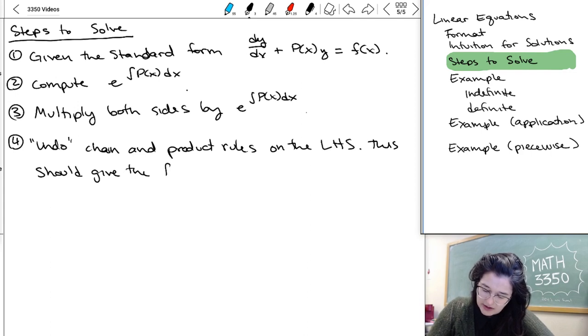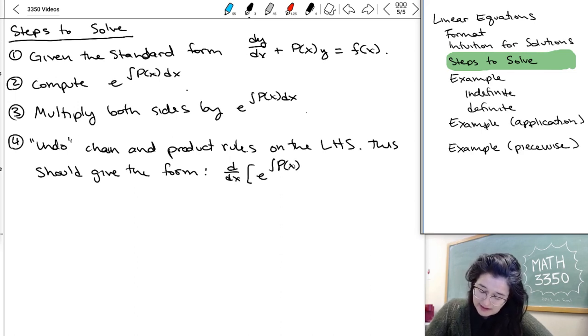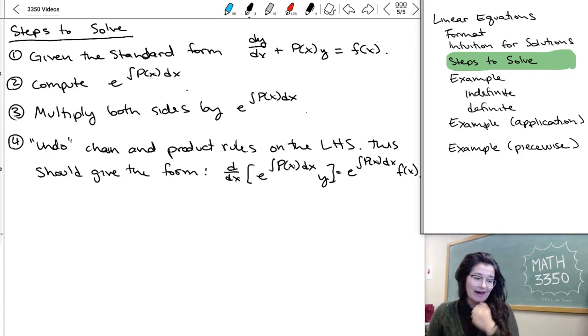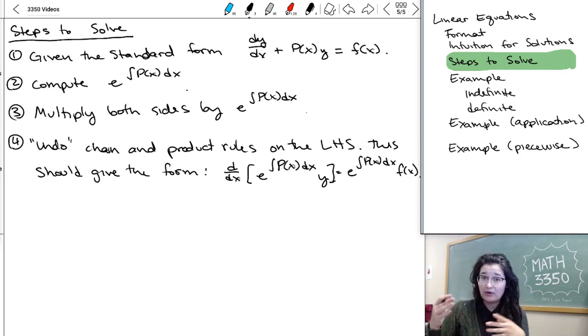So then the ODE should end up in this form, which is that the left side becomes d/dx of e to the integral p of x dx times y. And then on the right side, you've multiplied by that e. Oh no, I forgot my equal sign. And you don't need to re-show me that chain and product rule thing every time. You can just tell me that that's what's happening and it ends up in that form.